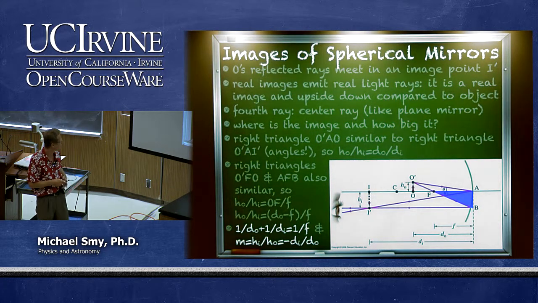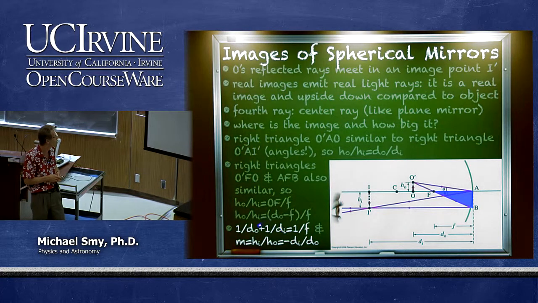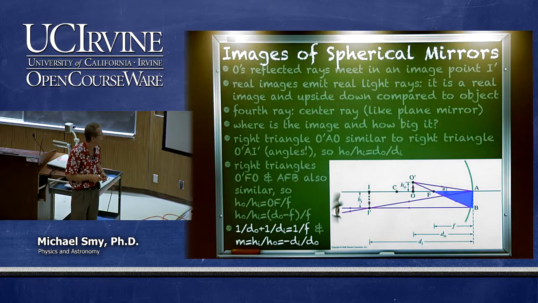And with some mathematical gymnastics, you can actually solve those equations. The h_o over h_i falls out. I can directly set d_o over d_i to this ratio. And I get the so-called lens equation, which relates inversely the focal length to the inverse sum of the image and the object distance.